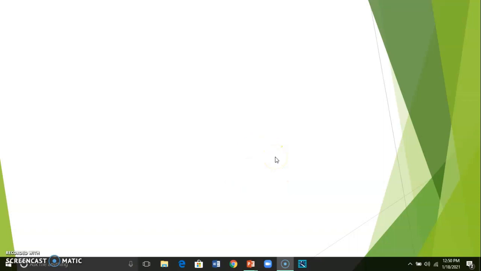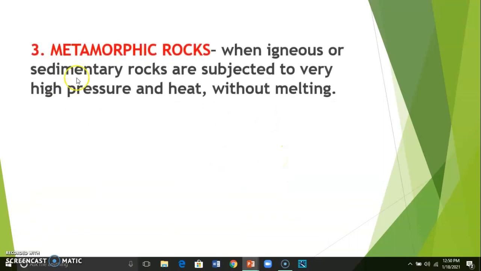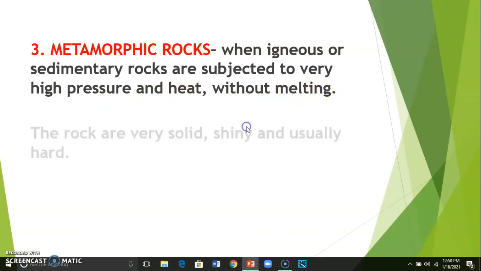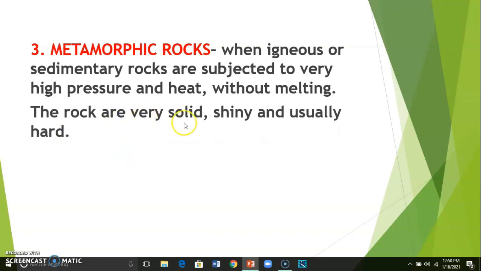Then we have the third one, the metamorphic rocks. Okay, we will read it together. Metamorphic rocks: when igneous or sedimentary rocks are subjected to very high pressure and heat without melting, the rocks are very solid, shiny, and usually hard.